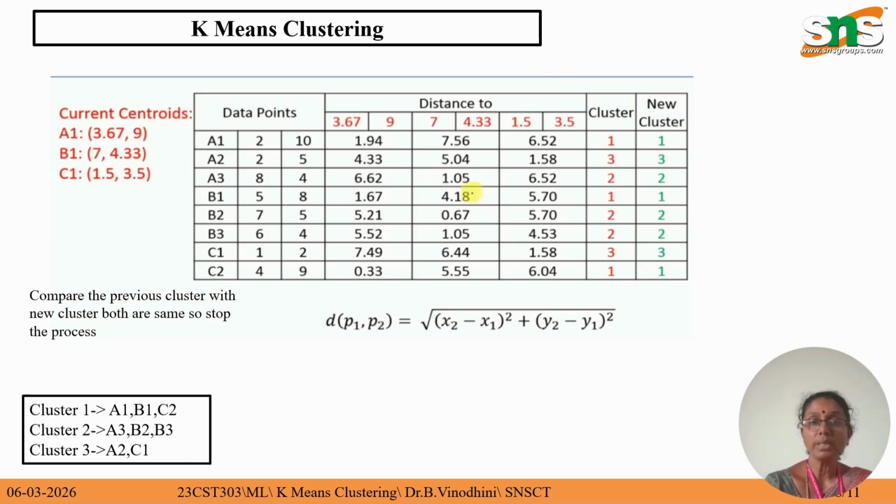The centroid value for the first cluster is (3.67, 9), for the second cluster the centroid value is (7, 4.3), and for the third cluster the centroid value is (1.5, 3.5). So this is the process: we find the clusters and centroid values of two-dimensional data points using k-means clustering. Thank you.